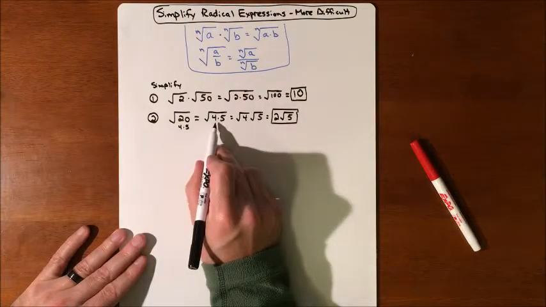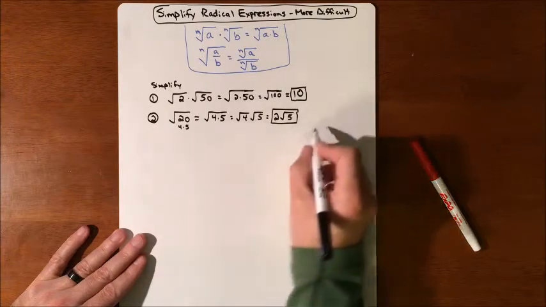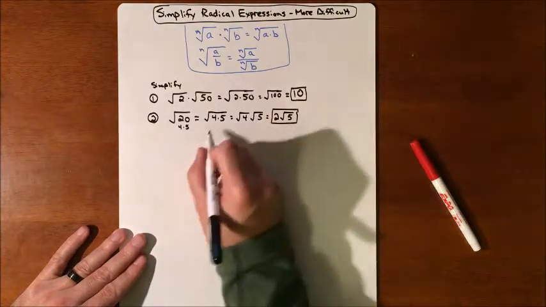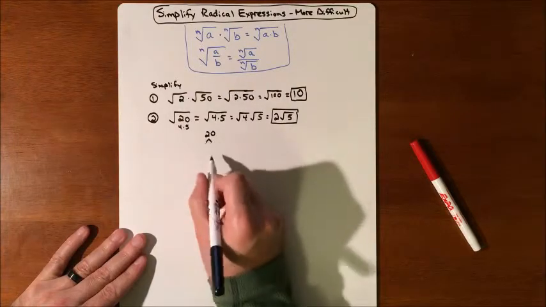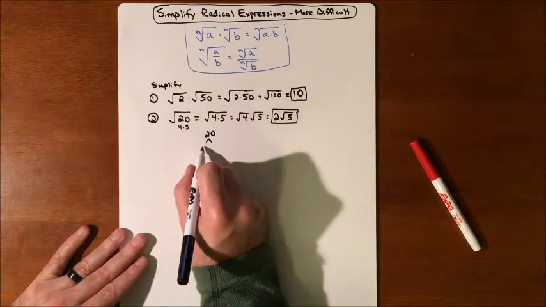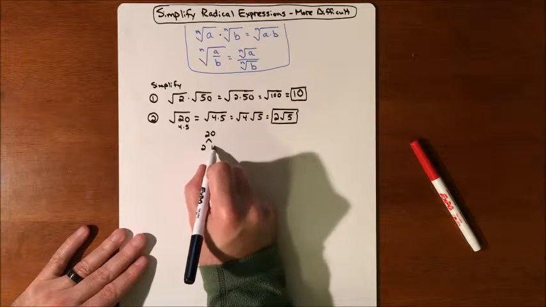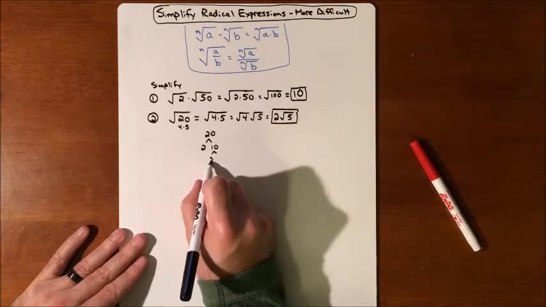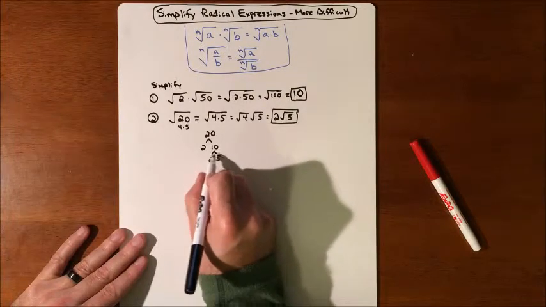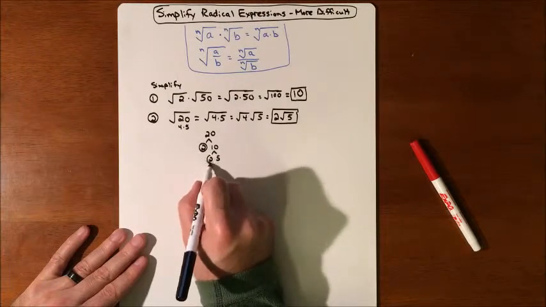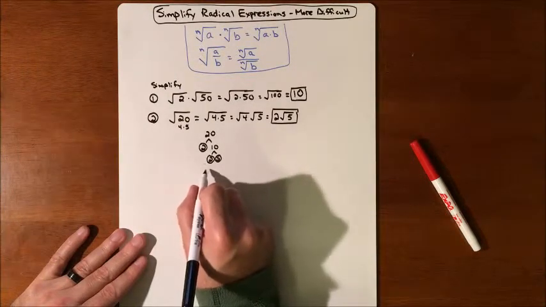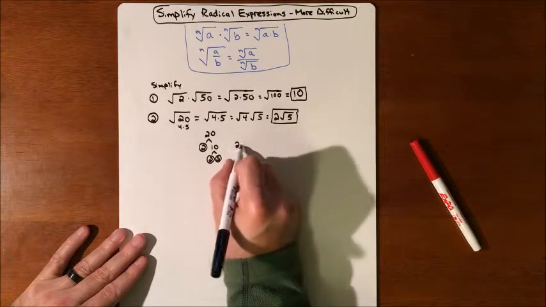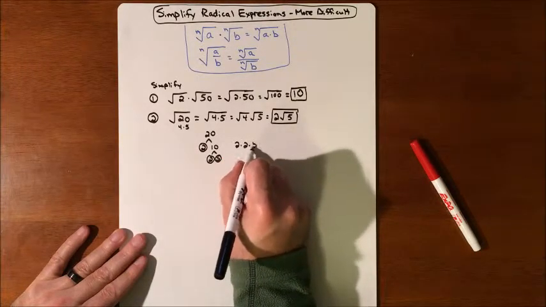Now a second approach to this is taking this 20 and doing a factor tree with it. And we'll do this a little more often on the part 2 video. But this breaks into, let's say, 2 and 10, and this breaks into 2 and 5. And these are our primes, can't break them apart any further. So if you list this out, you have a 2 times 2 times 5.